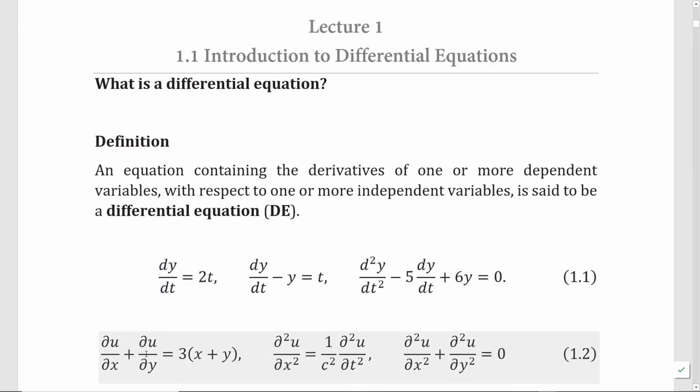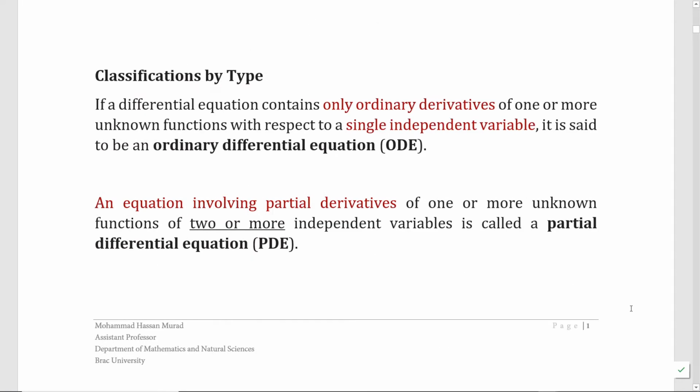In the latter equations, u is a function of 2 variables, x and y, and in this equation, u is a function of x and t, and here also u is a function of x and y. Based on this, whether the dependent variable is a function of a single independent variable or 2 or more independent variables, we can make a classification of differential equations.